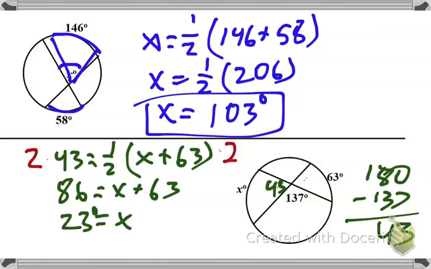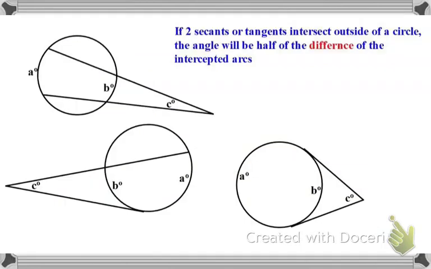All right, so that's what happens if we have chords intersecting inside the circle. Let's take a look at what happens if chords intersect outside the circle. Well, not chords, secants or tangents intersect outside the circles. Obviously not chords. Chords are only on the inside. So if two secants or tangents intersect outside of a circle, the angle will be half the difference of the intercepted arcs.